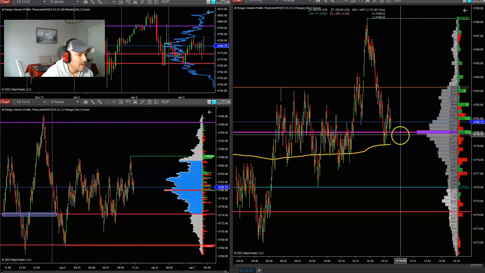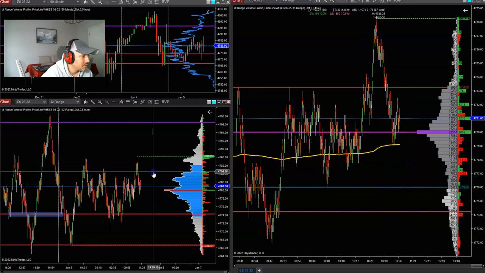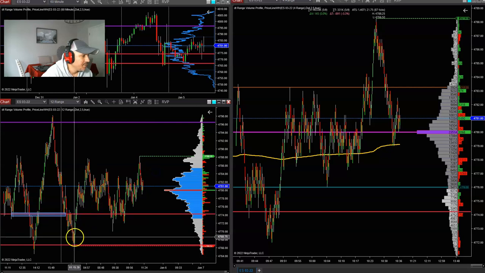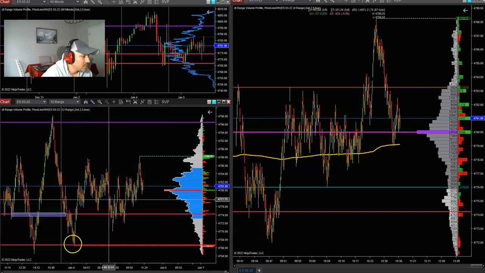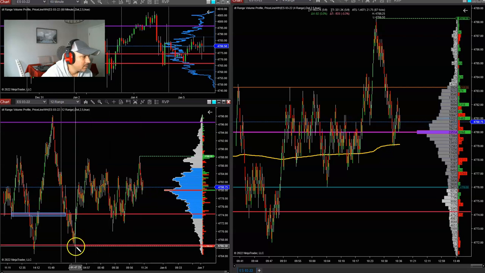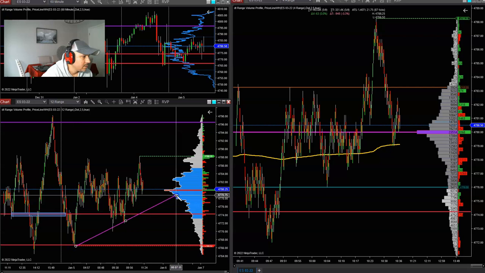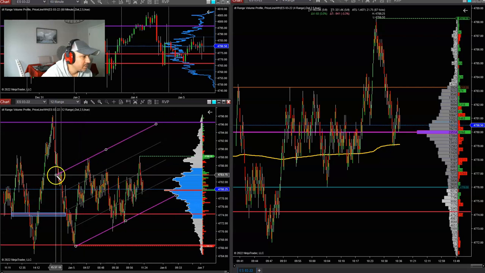Okay, so we're at the VPOC right now, and I don't like this right around the VPOC. And even though we're in this wedge right here, price is in a small little channel to the upside here. Okay, what's going on here? All right, trying to draw this little channel here. You can see it.